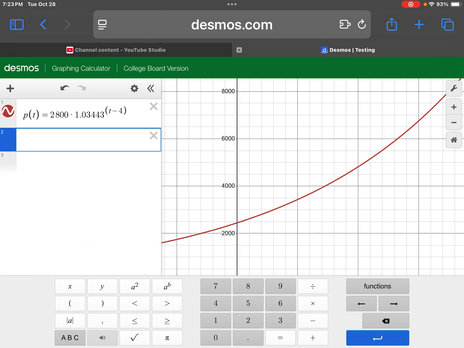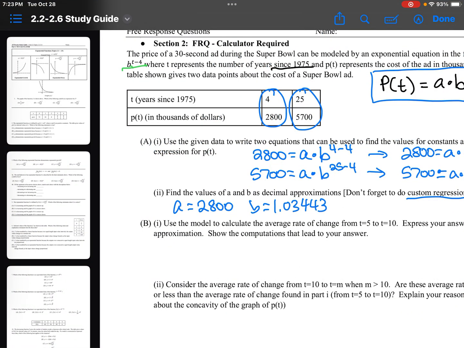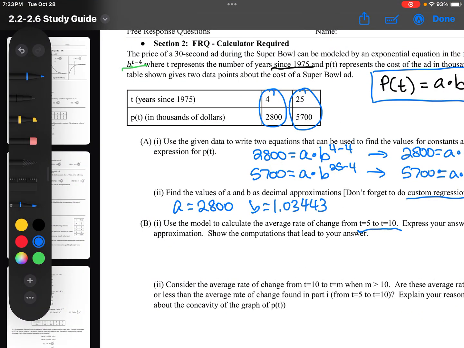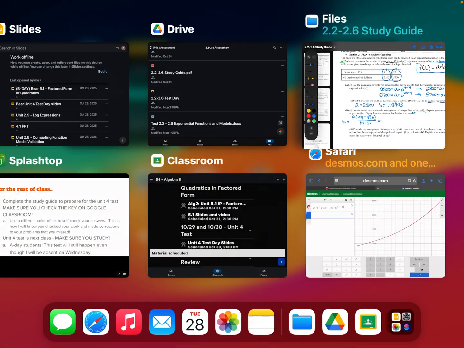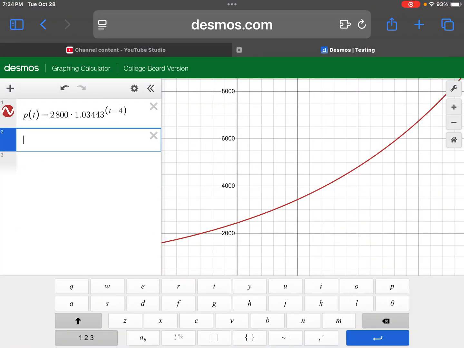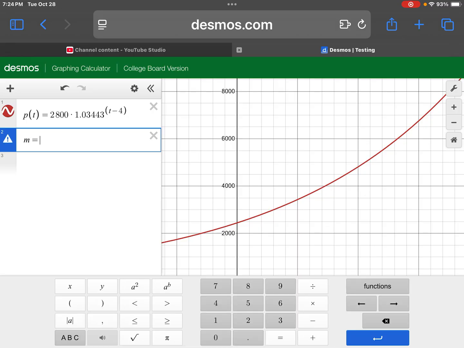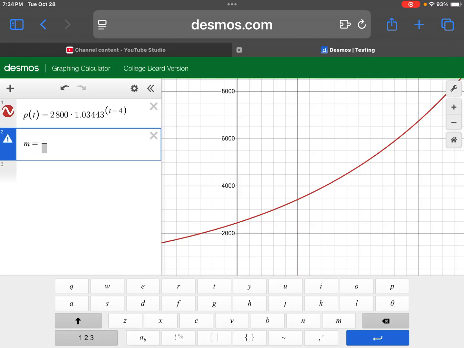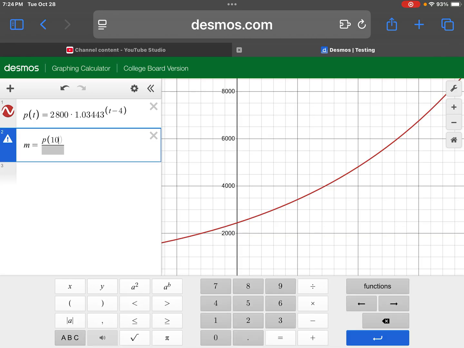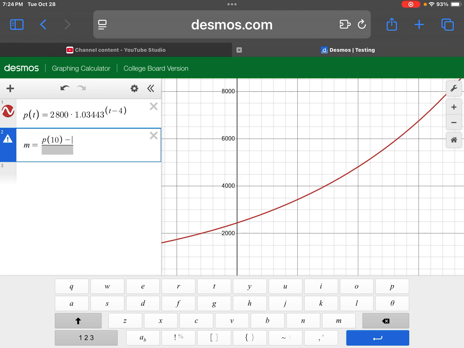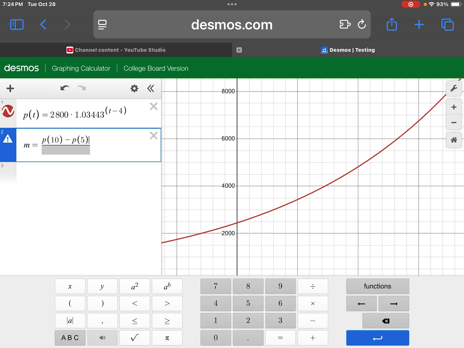Now, question B1 says, find the average rate of change from t equals 5 to t equals 10. So on my calculator I want to do P of 10 minus P of 5 over 10 minus 5. I'm going to call that M to represent my slope. So I'm going to type that in: M equals, set up a fraction, P of 10 minus P of 5 over 10 minus 5.